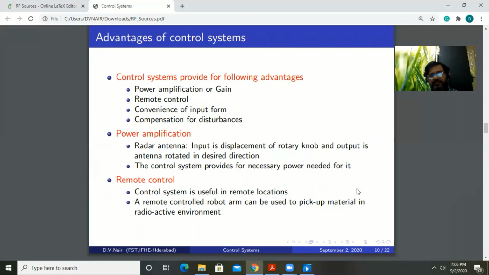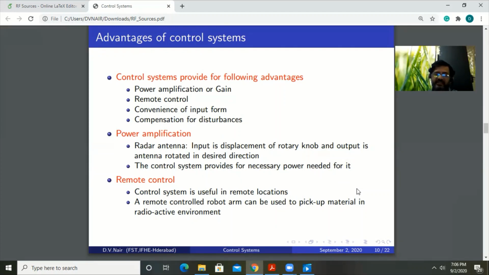Then convenience of input form, where for example if we have to change the temperature, we can do it by simply moving a knob of a thermostat switch or changing some setting in the remote of the AC. So we can conveniently make use of the input form without really getting into the temperature and having no issues around it. Convenience of input is a very important aspect when it comes to the advantages of building a control system.